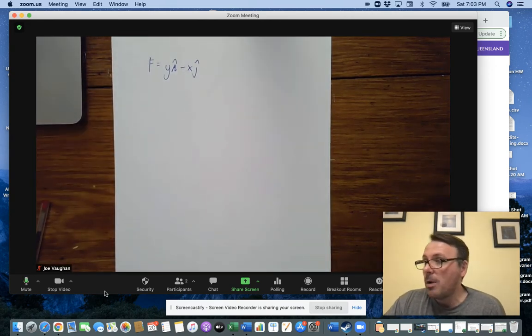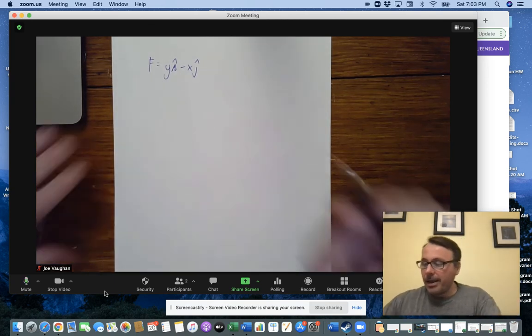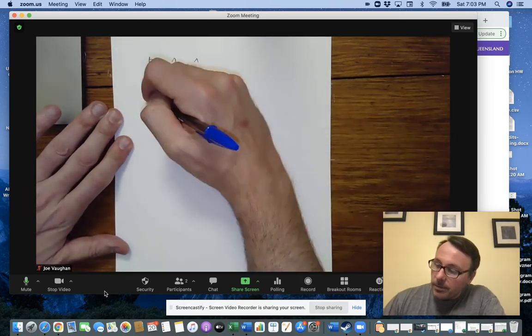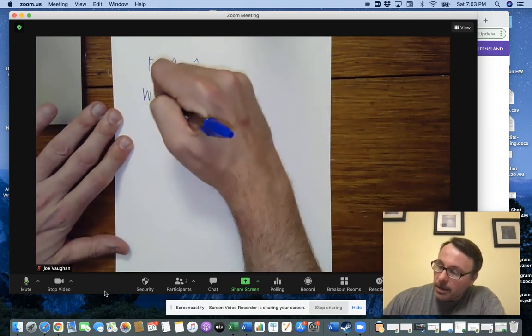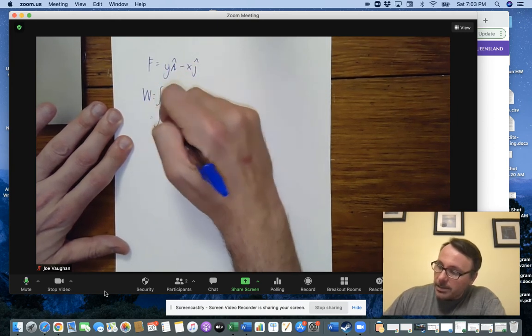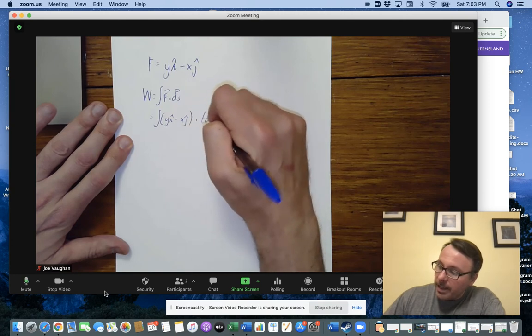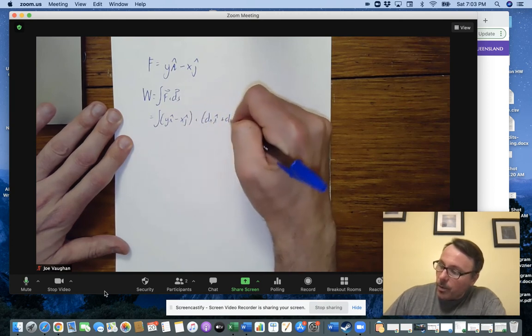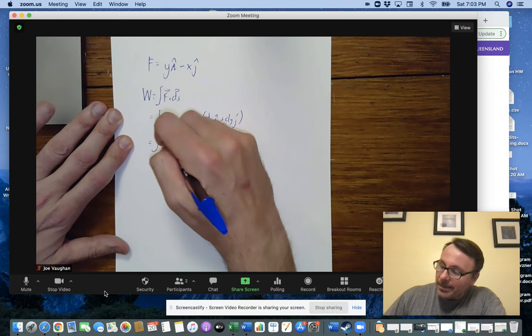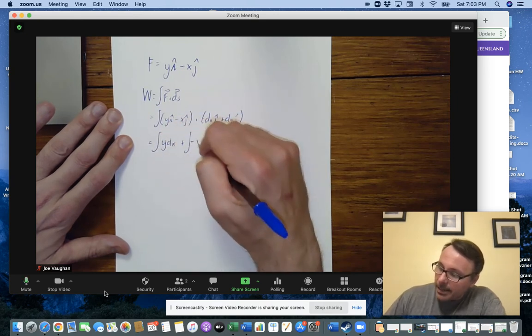Because we had minus y i-hat minus x j-hat, and now we just remove one of them, and let's see what result that has. So we're going to start with the work equation, F dot ds, vector, and so that is y i minus x j dotted with dx i plus dy j, and that gives us y dx plus minus x dy.